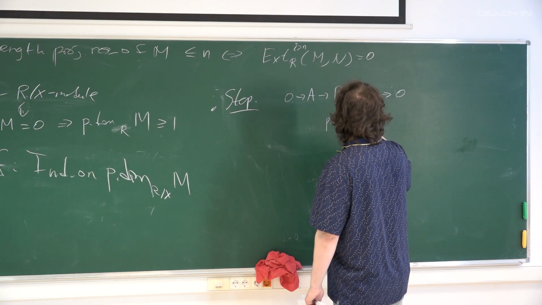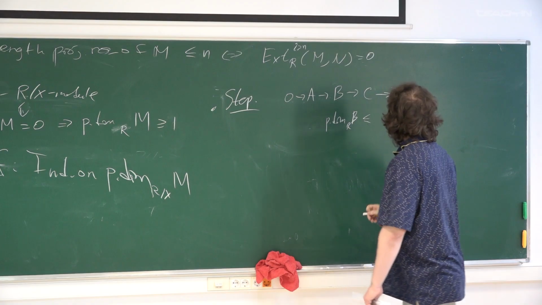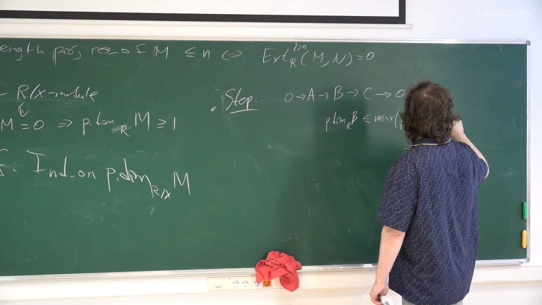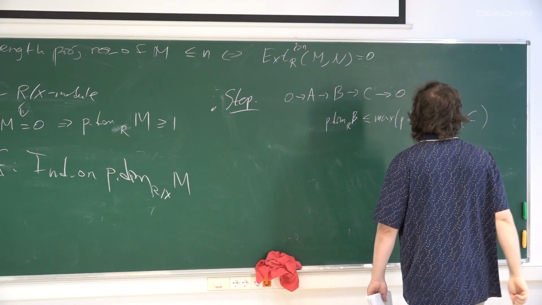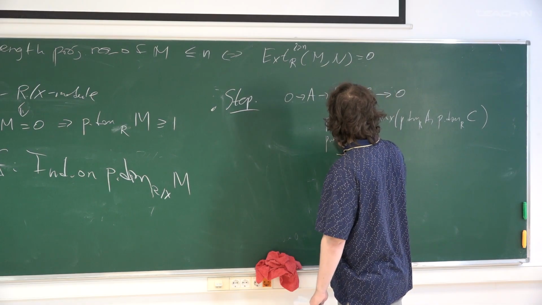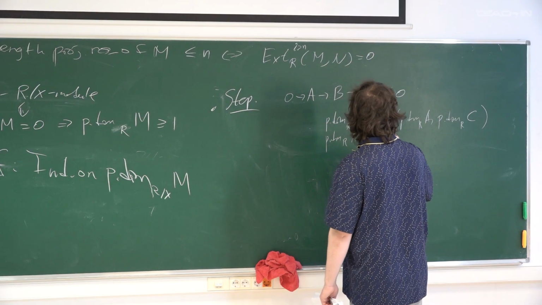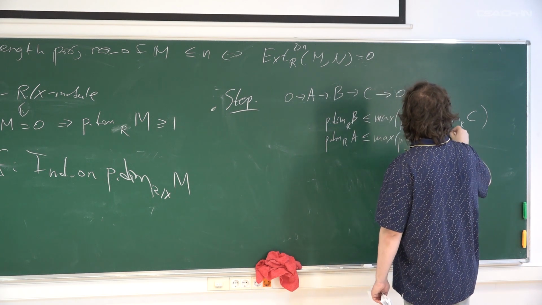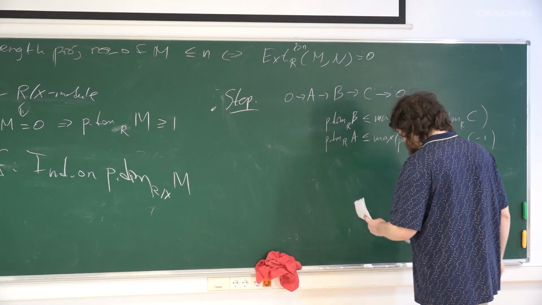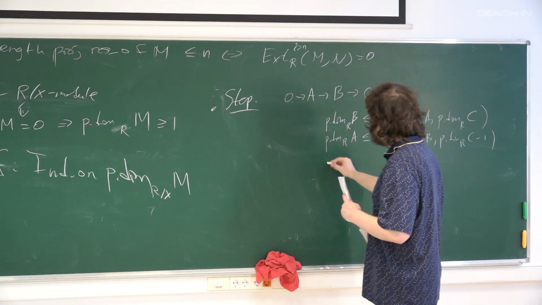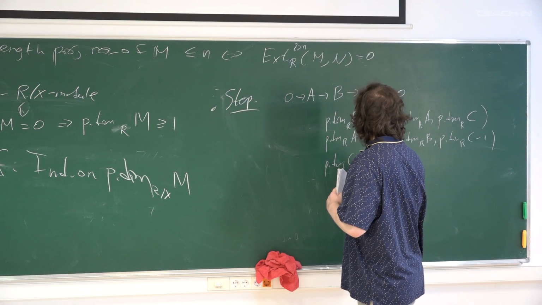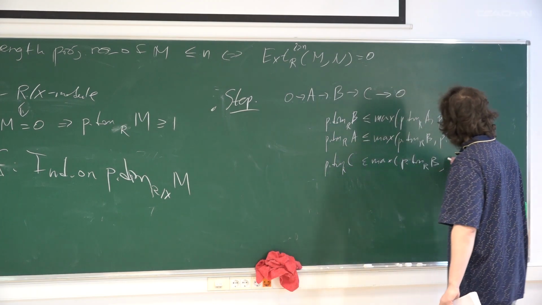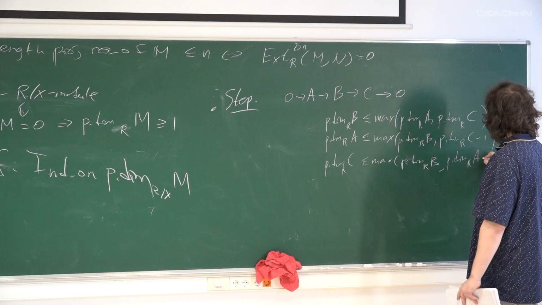The projective dimension of B is not greater than the maximum of the projective dimensions of A and C. The projective dimension of A is not greater than the maximum of the projective dimension of B and the projective dimension of C minus 1. And the projective dimension of C is not greater than the maximum of the projective dimension of B and the projective dimension of A plus 1.